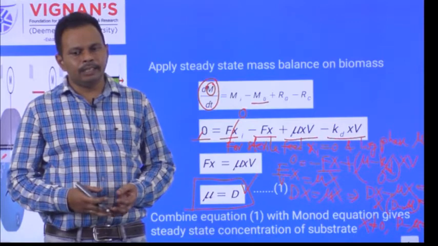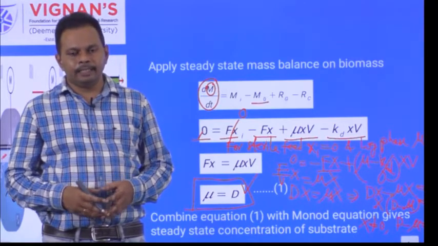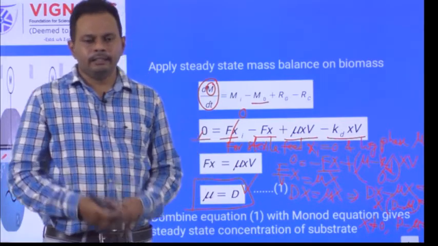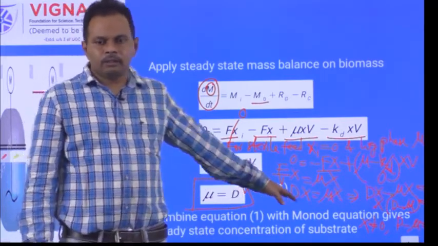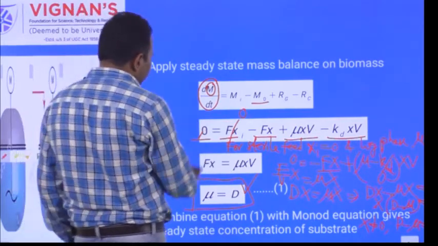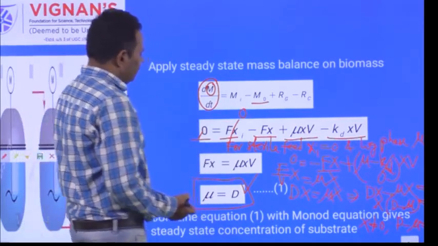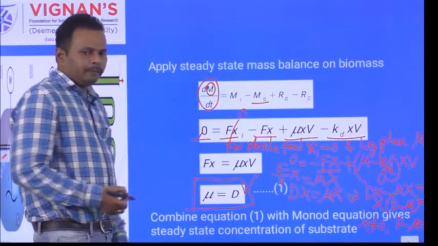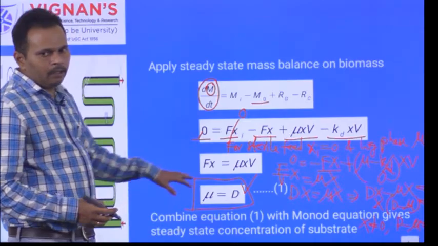Dilution rate is directly related to the inlet volumetric feed rate. When the inlet volumetric feed rate is high, dilution rate is high. When dilution rate is high, the growth rate of the cells is also very high. Okay. Next one, so when you do the mass balance over the cells around the continuous fermenter, that is chemostat mode, we obtain the growth rate of the cell equal to the dilution rate.